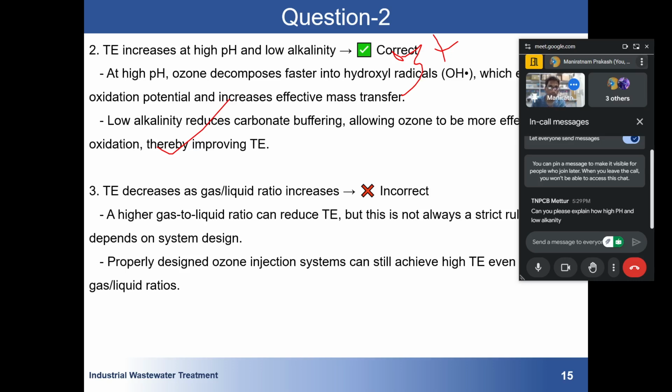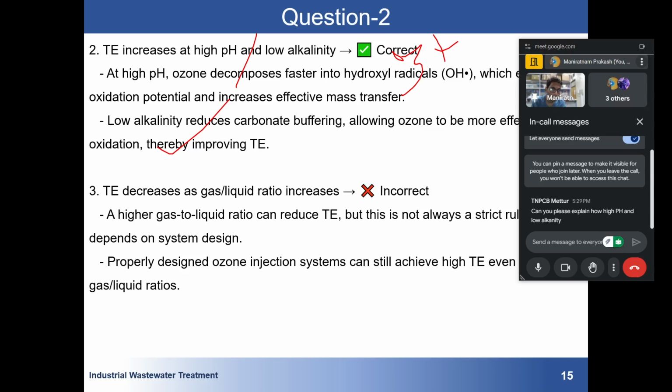Don't make a condition that pH is also involved. If you think in that way, then at higher pH, alkalinity will never be low. At higher pH, alkalinity is also high. You have to consider both options separately. Did I solve your doubt?